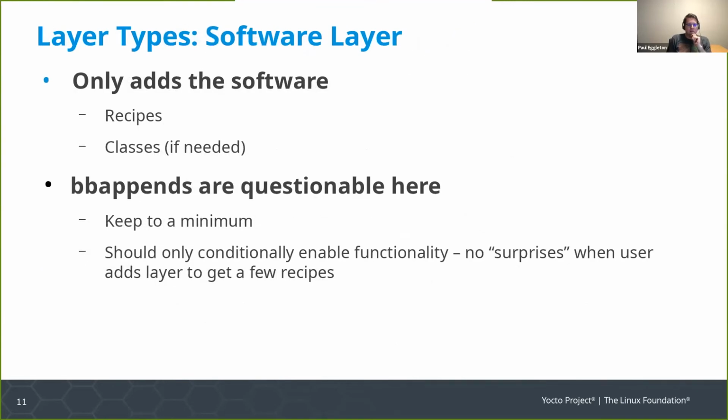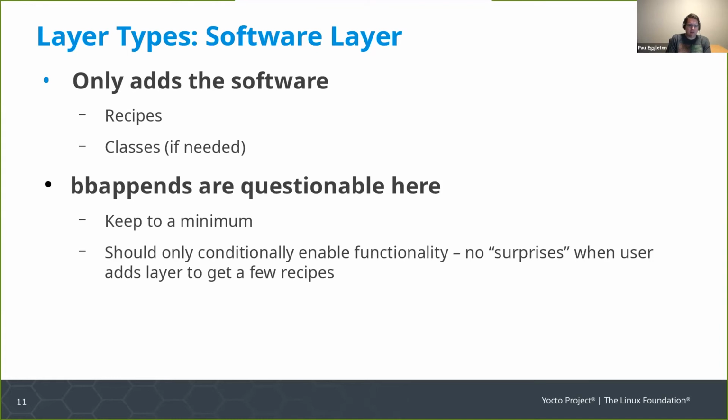So let's consider along these lines some different layer types that line up with these. So first is a software layer. It only adds the software, that is recipes that implement that software or build that software, and perhaps some classes to abstract out some common functionality.